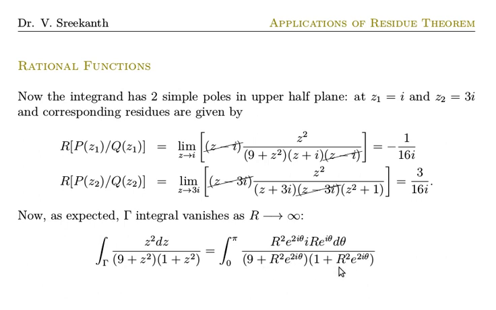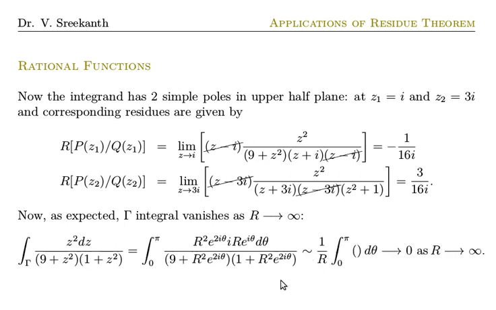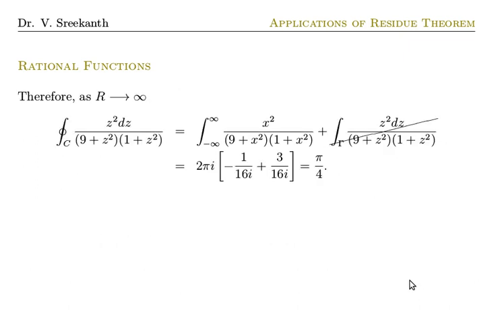Again, when r is pretty large, you can neglect this 9 and 1. So you will get something like r cubed here and r raised to 4 here. So essentially 1 by r will come, and there will be a theta integral. Never bother with that theta integral, whatever be the value, since there is a 1 by r term sitting, and that will make sure that the integral goes to 0 when r goes to infinity. Okay, so we have done it, there is nothing left.